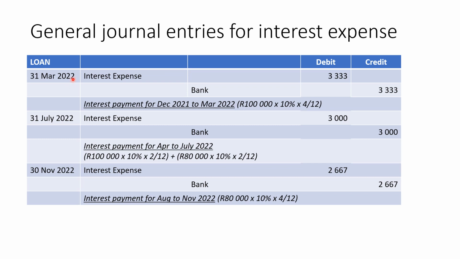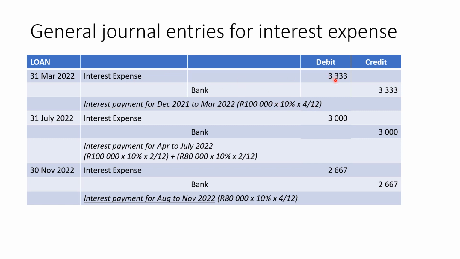So the 31st of March will be my first interest payment that falls into the year that I'm busy with. Remember, my year is from 1st of January to the 31st December 22. So on the 31st of March, I'm going to be paying interest for December 21 up until March 22. So that's December 21, January, February, March 22. That's 4 months. The interest amount that I'm going to pay is on the balance of 100,000, 10% interest for 4 months.